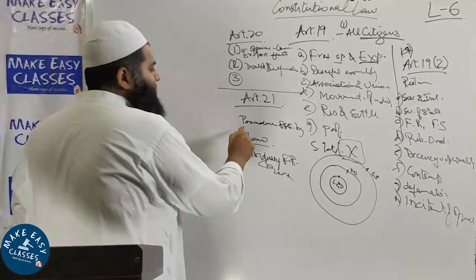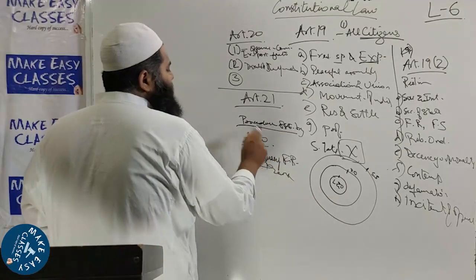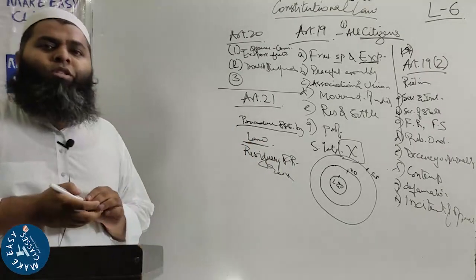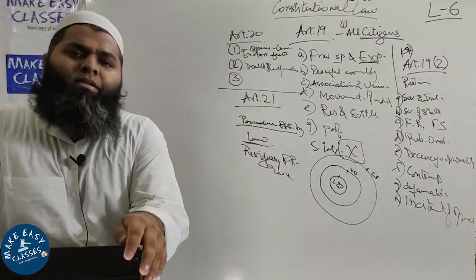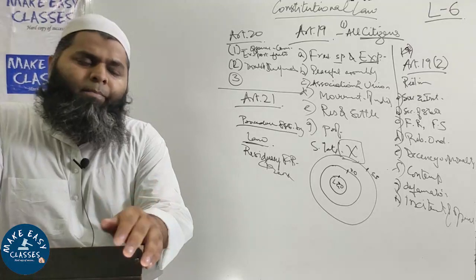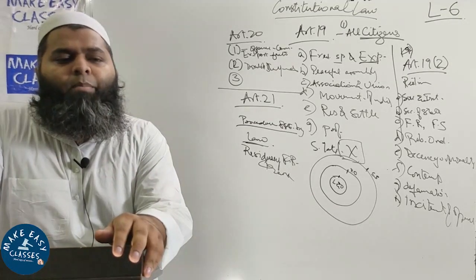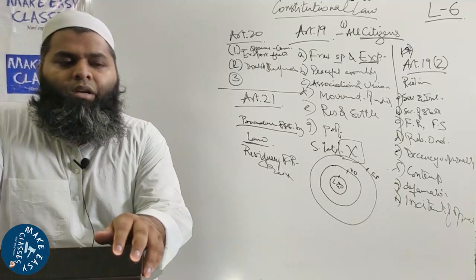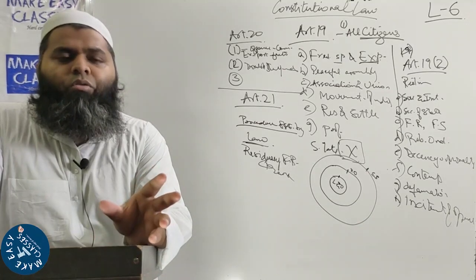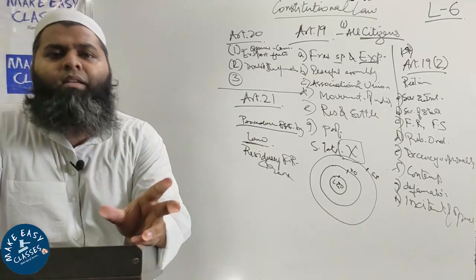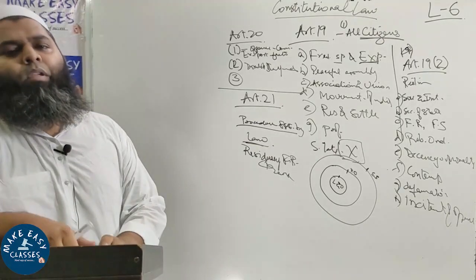Here it is provided, procedure established by law. So procedure established by law basically means, in A.K. Gopalan it was held, in the minority opinion, that procedure should also be considered as fair, just and reasonable.